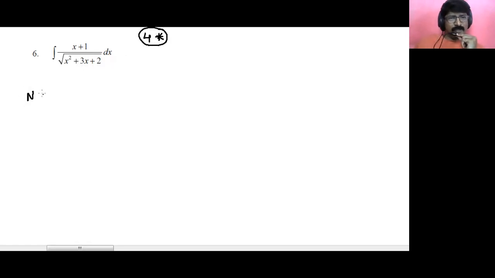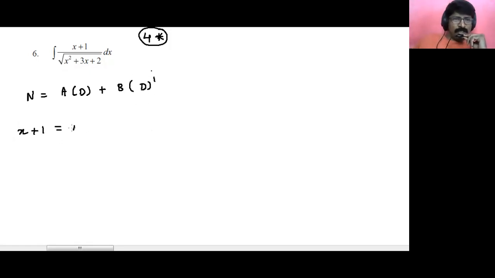So here we write this: numerator is equal to a into the denominator plus b into the derivative of the denominator. Okay, so how to do that? So you can simply write, okay, now here do not take the root sign, otherwise things will become a little complicated.